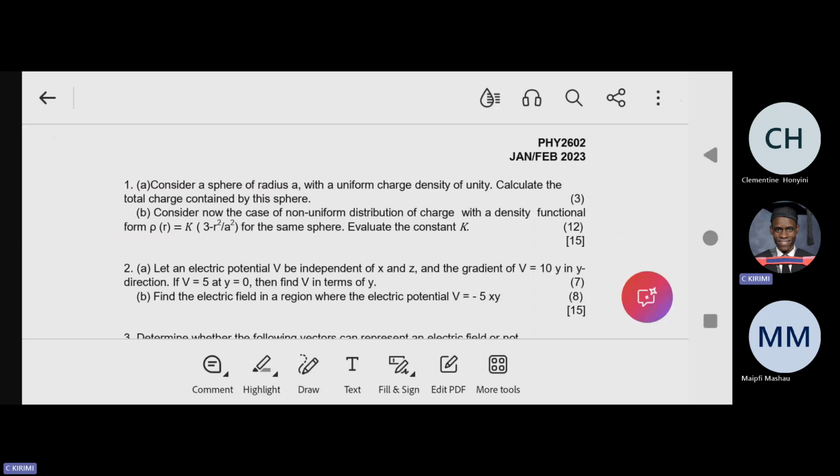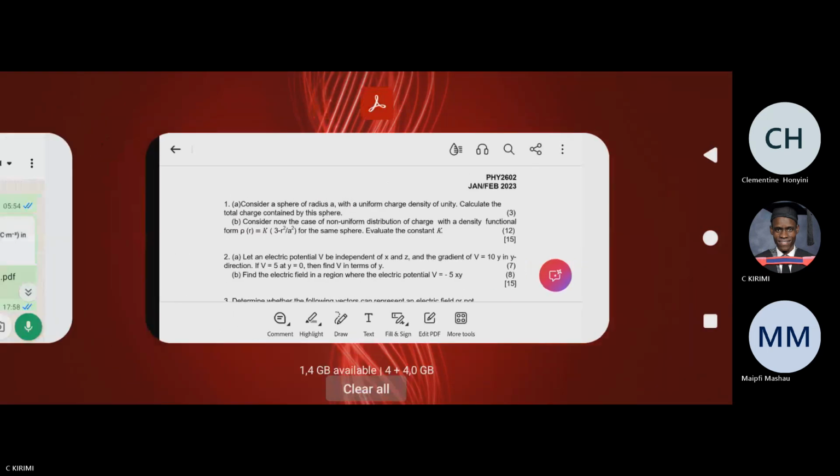Consider the case of non-uniform distribution of charge density, with functional form rho of r equals K times 3 minus r squared over A squared, for the same sphere. Evaluate the constant K. 15 marks for question number 1.